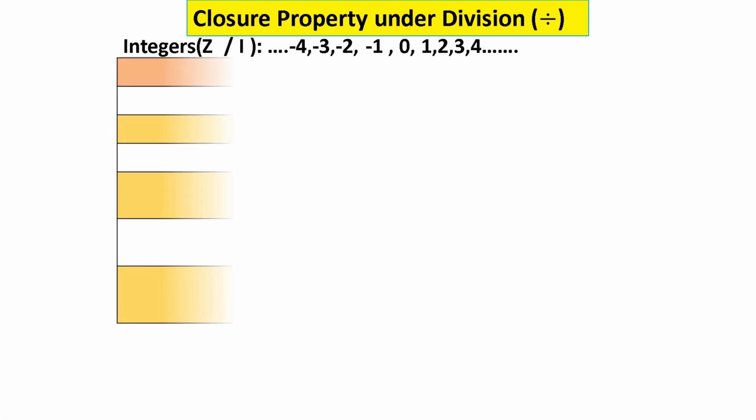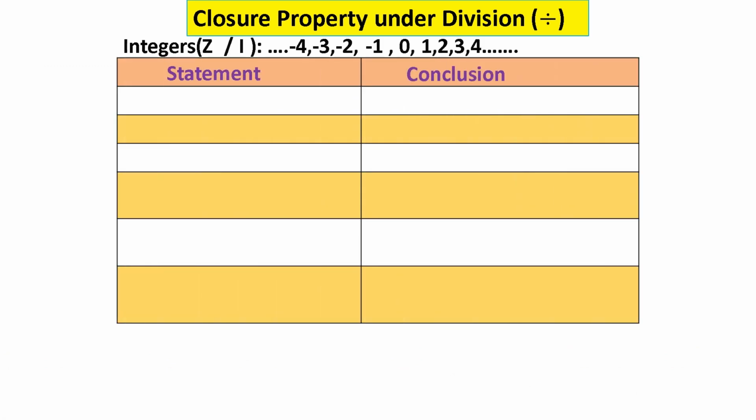Now closure property under division. Statement 1 and conclusion. Here 6 divided by 3, we get 2. The quotient 2 is an integer; 6 is an integer, 3 is an integer, and the quotient is also an integer. Now minus 10 divided by 2, we get minus 5.